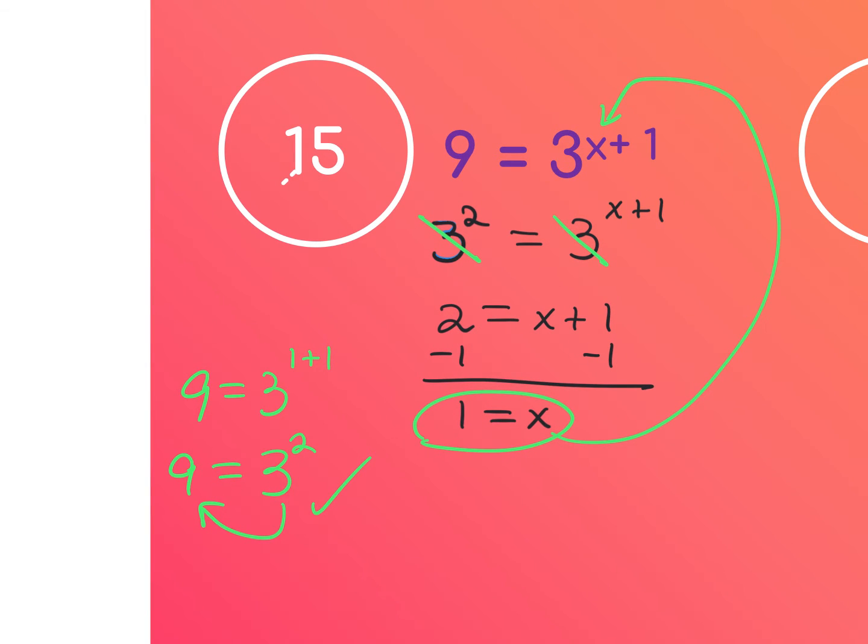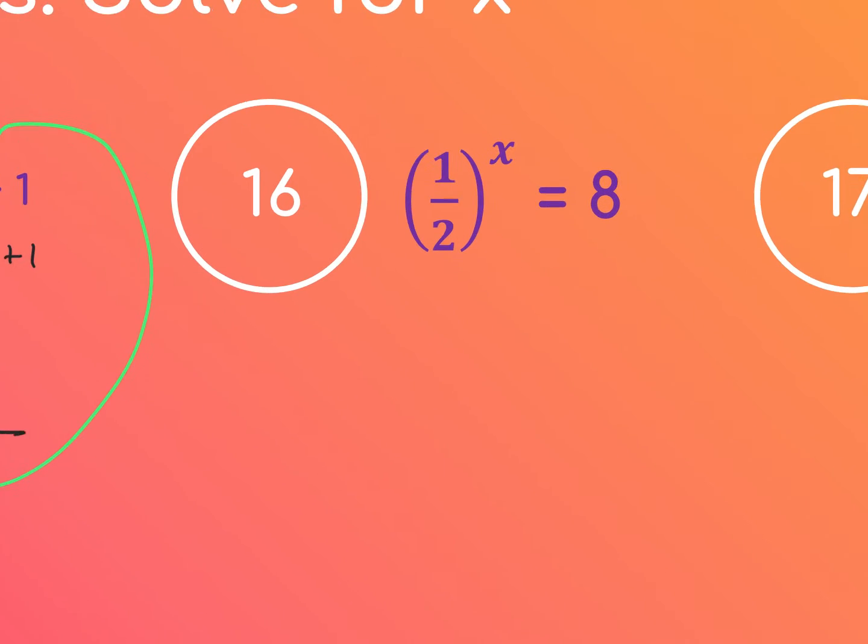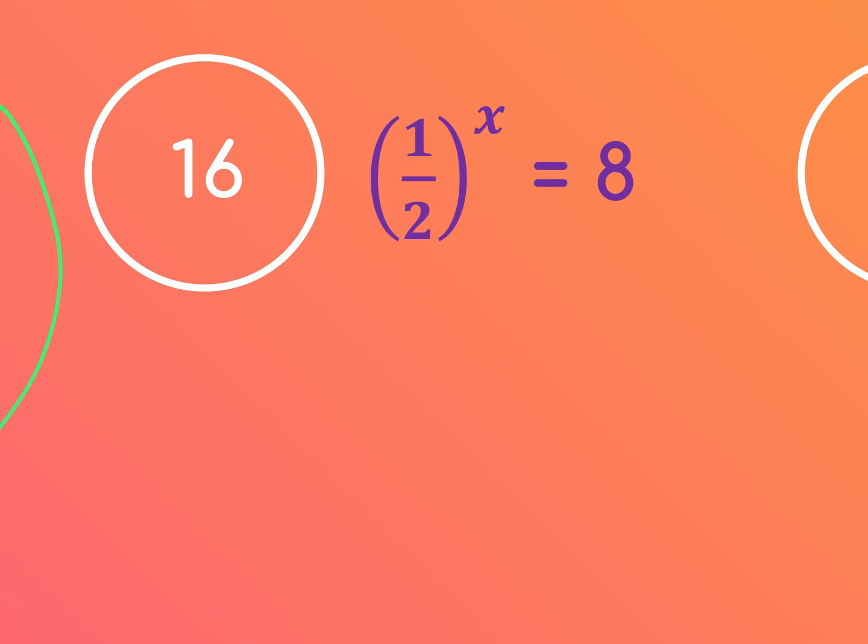Now we have a fraction. So again, on this one, we're going to change both. I'm not going to try to make 8 into 1/2. What'll be easier for me is to change the 1/2 into 2 to the negative 1, because 2 to the negative 1 power equals 1/2. I'm going to write the x that's still there, and then I'm also going to change 8 into 2 to the 3rd power.